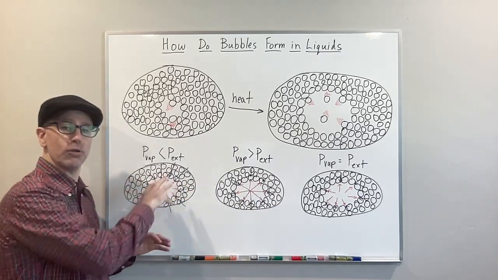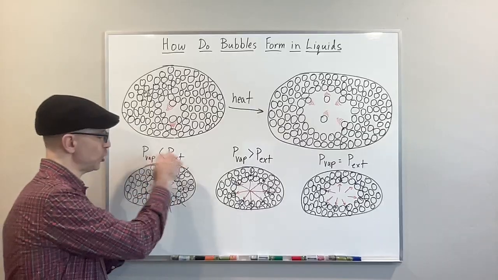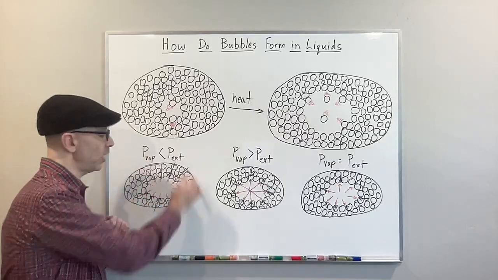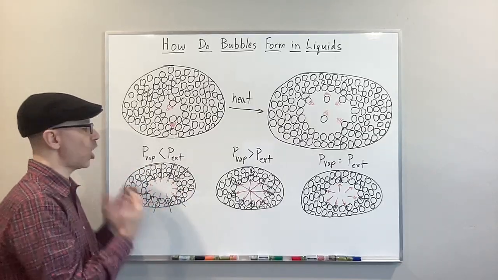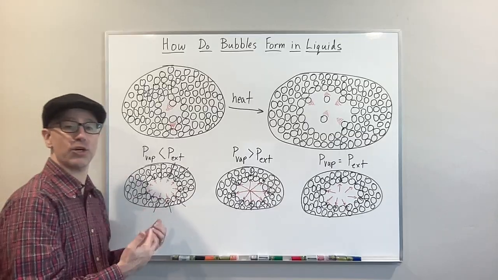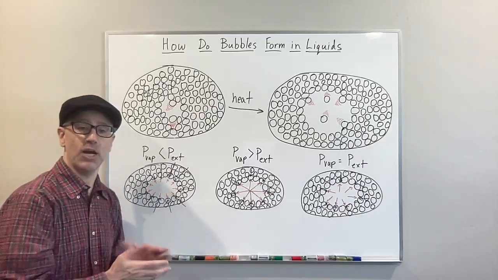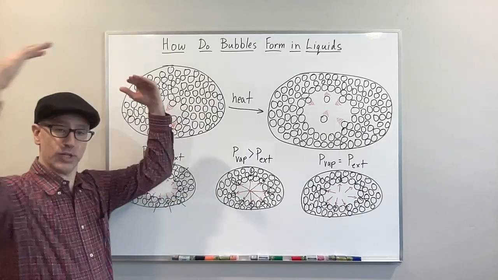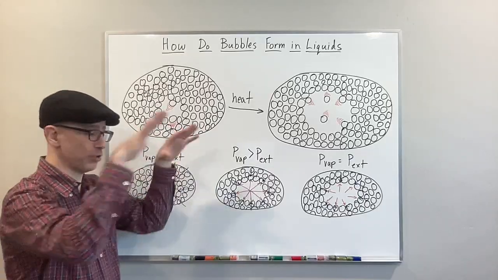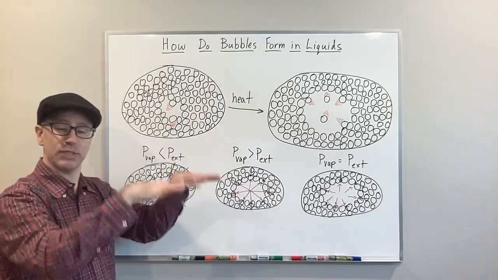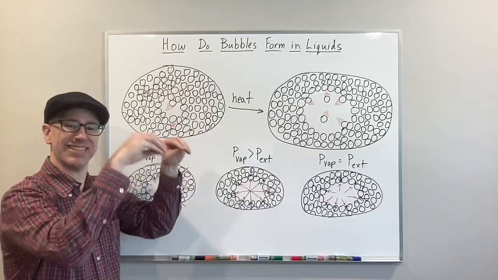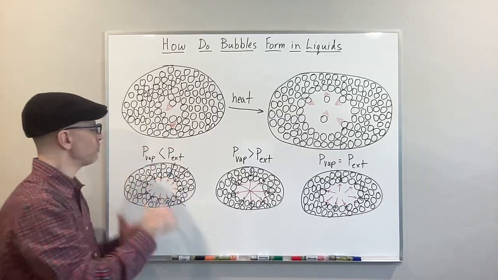So the bubbles are feeling a certain exterior pressure due to the water itself, but it's also due to the exterior pressure of the atmosphere, right? So the atmosphere is also pushing down on us. It's pushing down on the water, and that atmospheric pressure is also being translated through the water to the bubble, right?